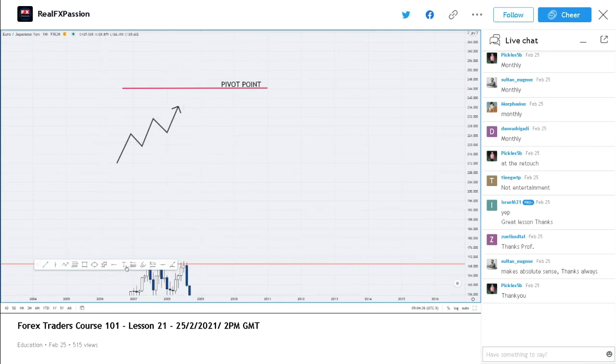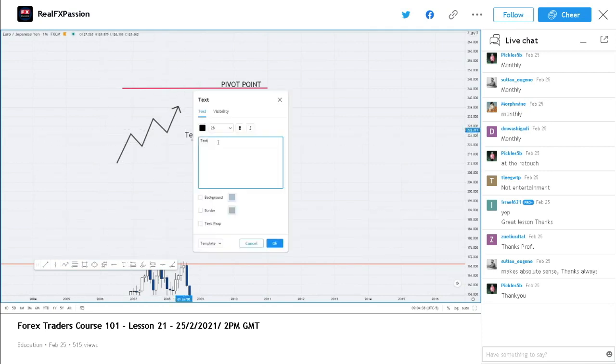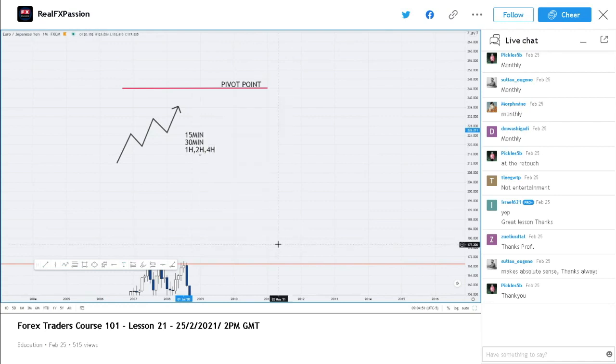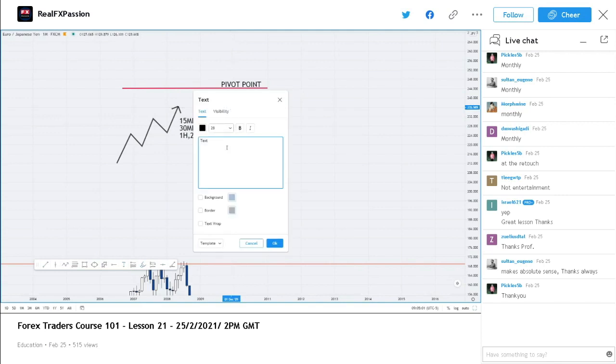And here is the question. If we are trading on the 15-minute chart, 30-minute chart, 1 hour, 2 hour, 4 hour, whatever, here is the question.